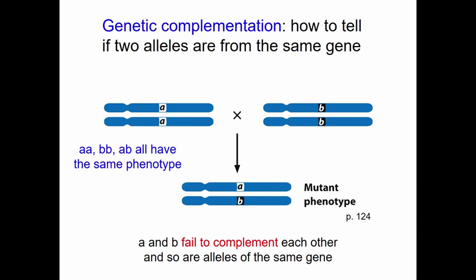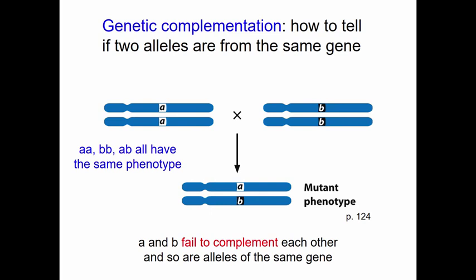Because the individual on the left and the individual on the right are both homozygous, they can each only give one allele, right? So there's only one genotype possible for the progeny. It's a one square Punnett square.